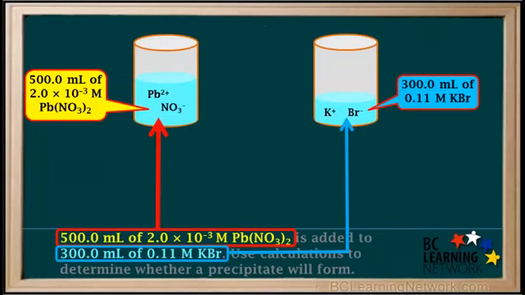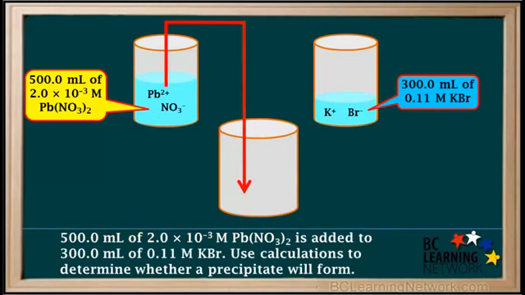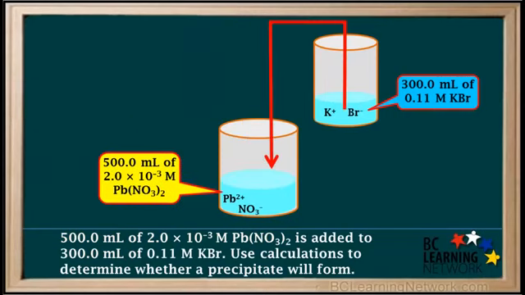Beakers with these two solutions and the ions they contain are shown here. The left beaker contains 500 milliliters of 2 times 10 to the negative third molar PbNO3, and the right beaker contains 300 milliliters of 0.11 molar KBr. The lead-2 nitrate solution is poured into a larger beaker, and the KBr solution is poured on top of it.